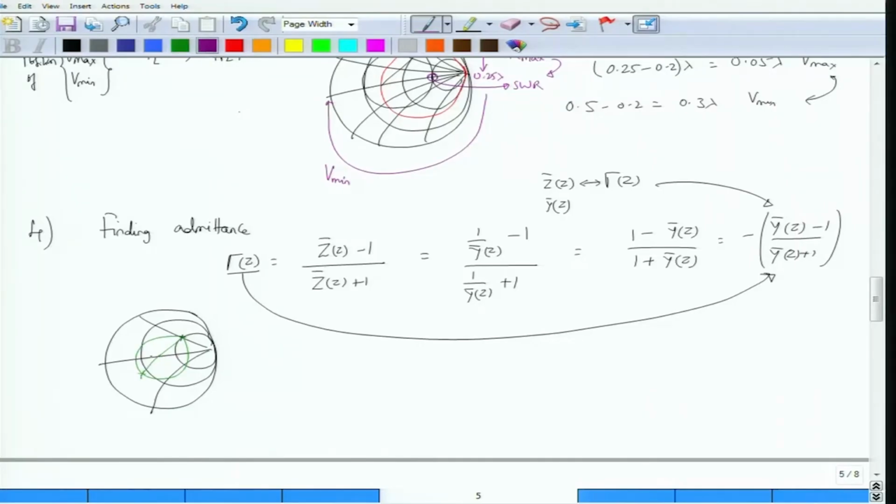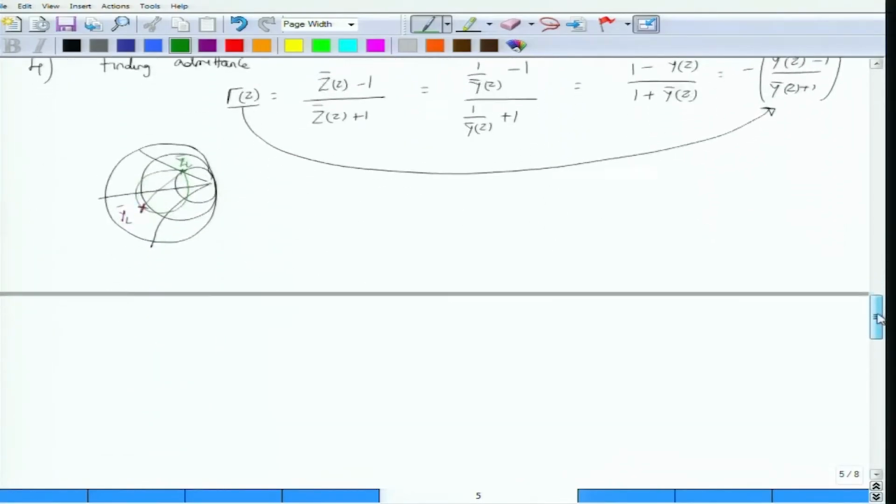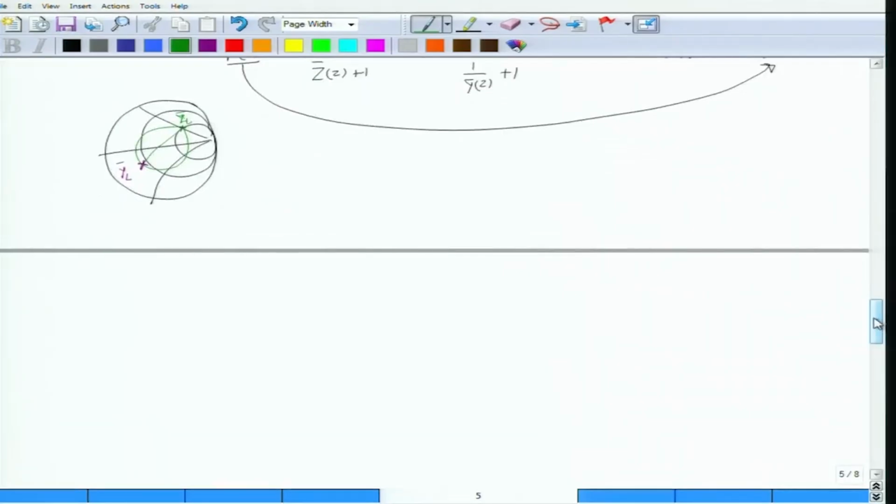This is the diametrically opposite point which corresponds to the normalized admittance. For example, if this is ZL bar, the normalized load impedance, then this diametrically opposite point would correspond to the normalized admittance YL bar. So this is how you find admittances at any point, by going 180 degrees or finding diametrically opposite points.